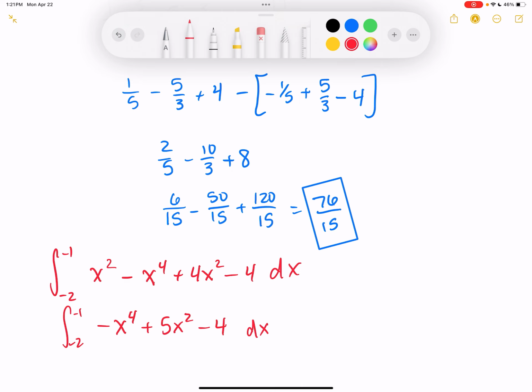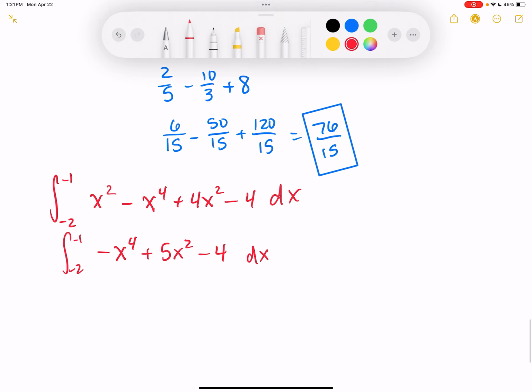So now what do I have when I integrate this? -1/5 x to the 5th plus 5/3 x to the 3rd minus 4x.